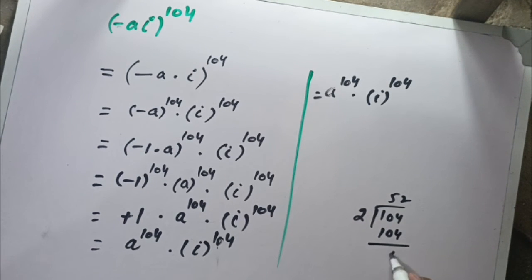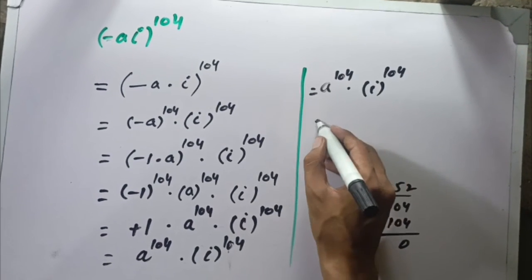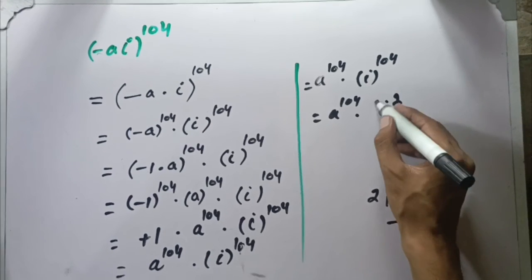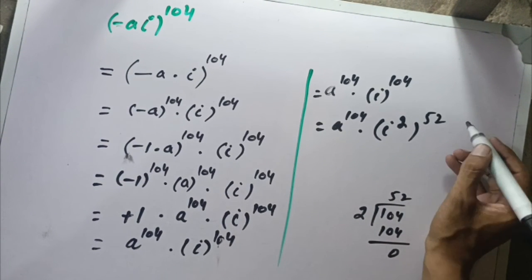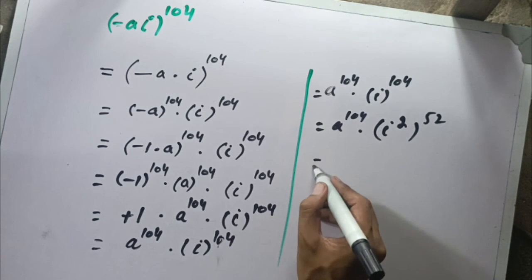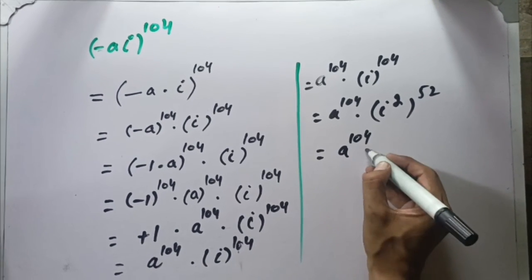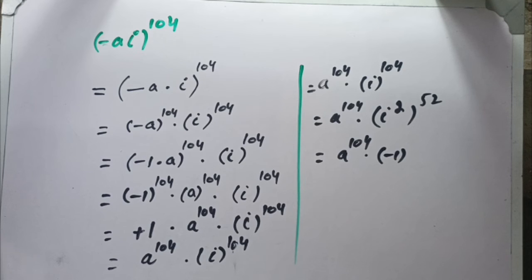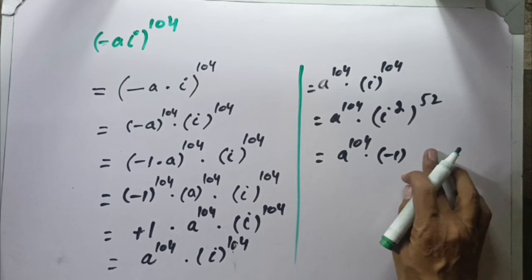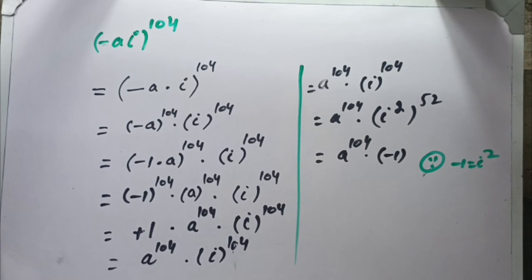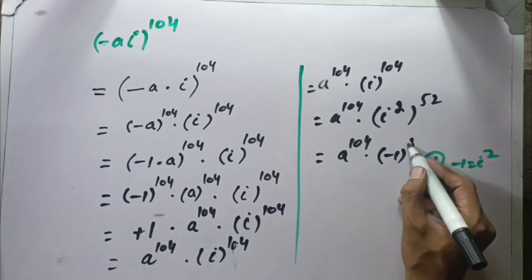This will give me a raised to power 104 times (iota raised to power 2) whole raised to power 52. We can write it as a raised to power 104 times (minus 1) raised to power 52, since minus 1 is equal to iota square.